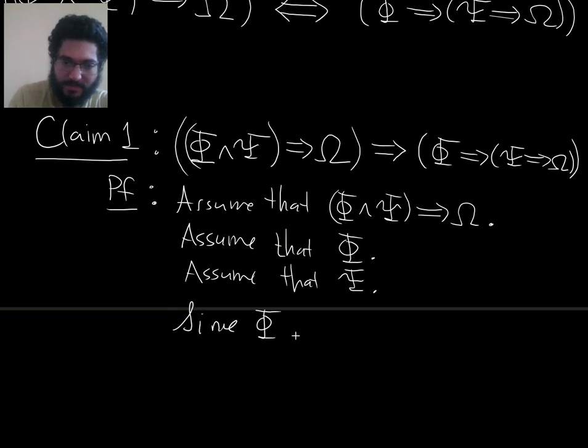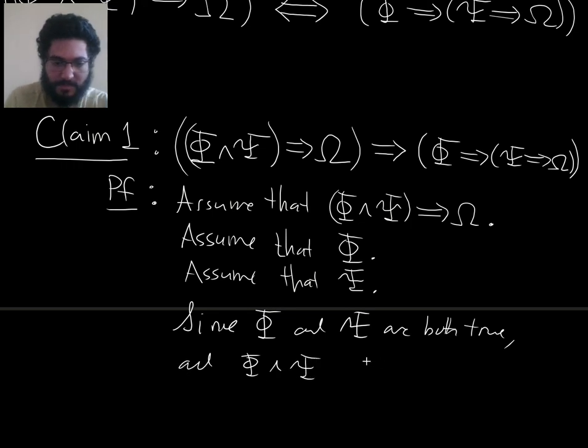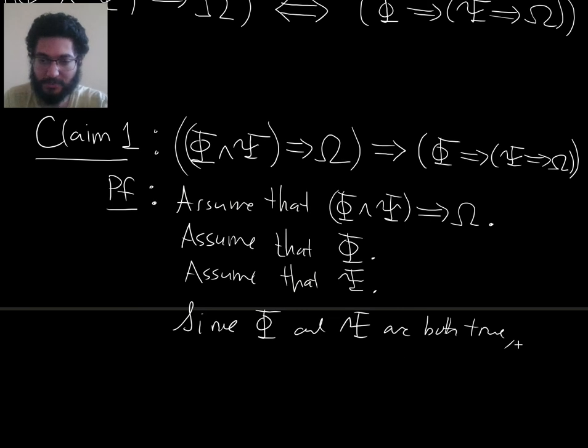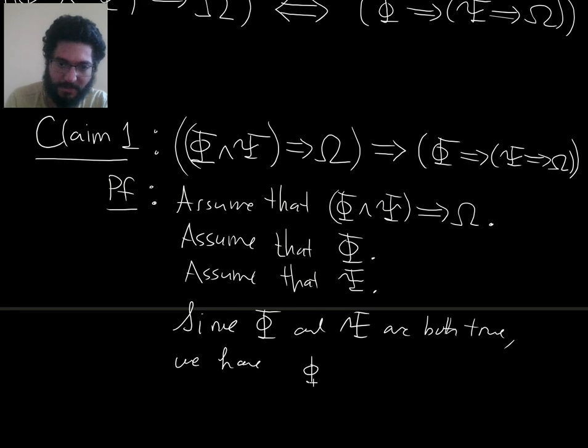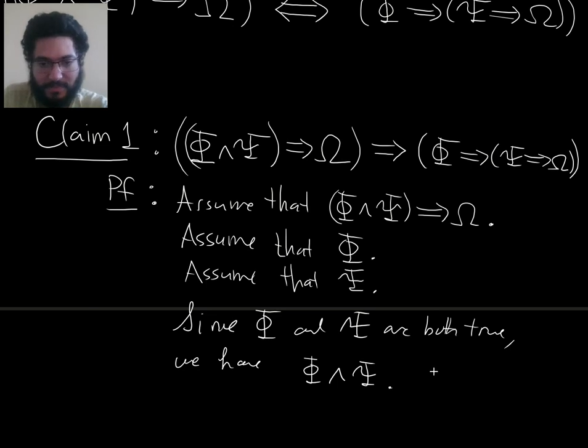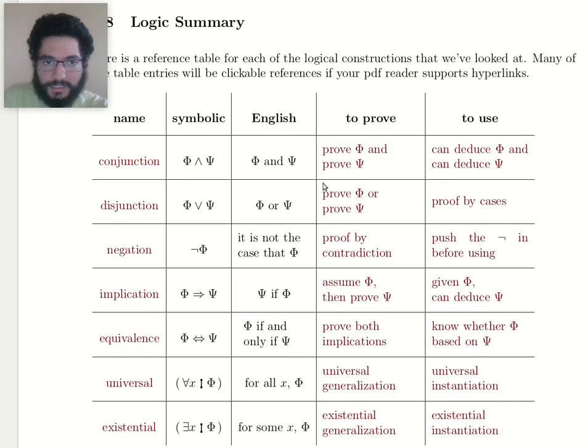Since phi and psi are both true, and phi and psi, let me write this in extreme detail mode. Since phi and psi are both true, we have phi and psi. So what I'm using here is this idea that if you want to conclude a conjunction, if you want to get phi and psi, then you must prove phi and psi.